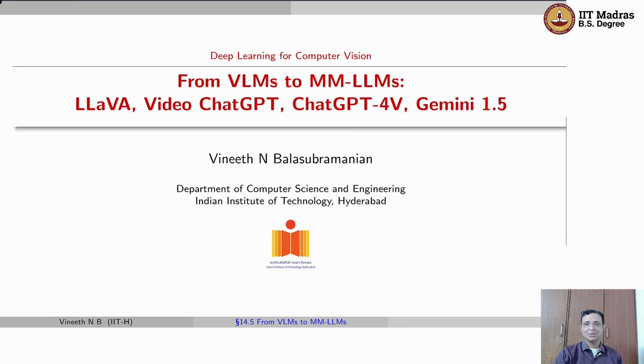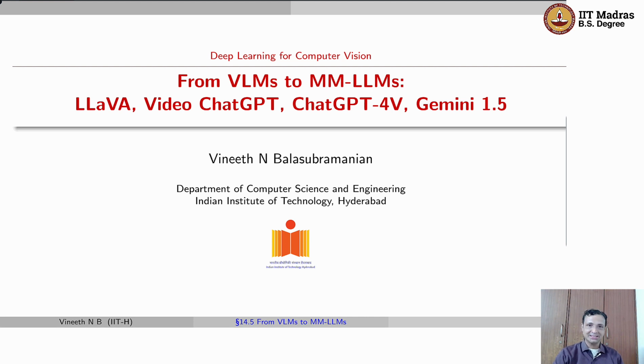For the last lecture in this module, we will go beyond vision language models to even more recent contemporary models, which are called MM LLMs. Sometimes these are also called LMMs.